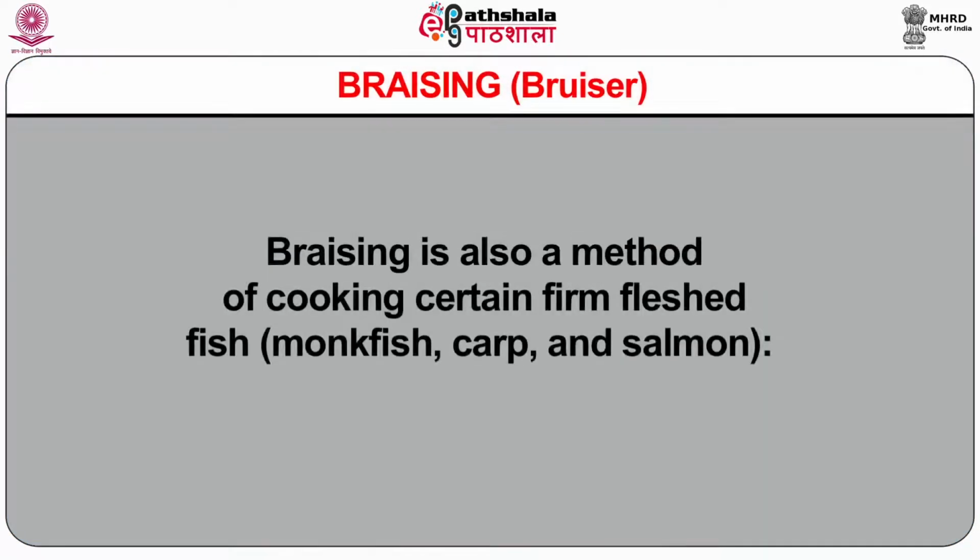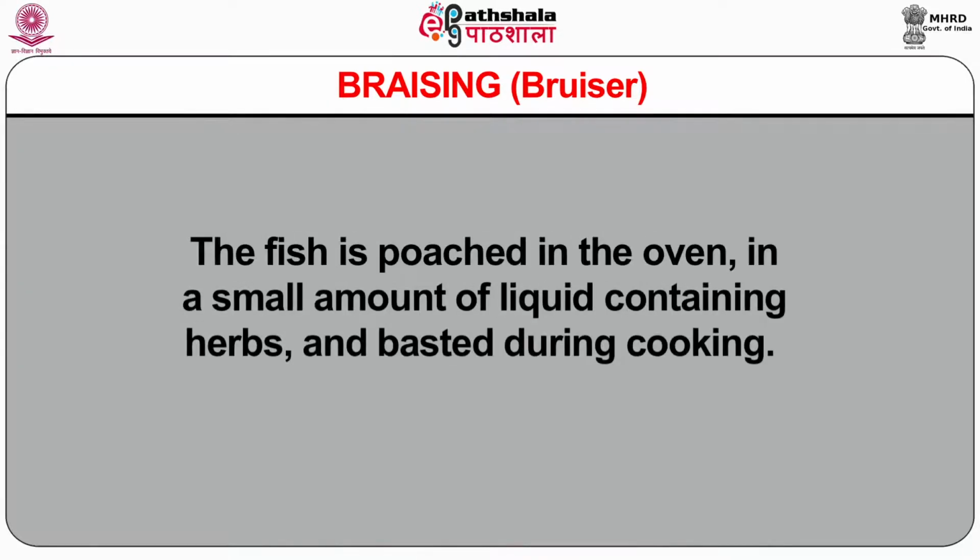Braising is used mostly for tougher cuts of meat, certain vegetables such as cabbage, chicory, endive, artichoke and lettuce, and large poultry. Braising is also a method of cooking certain firm-fleshed fish, monkfish, carp and salmon. The fish is poached in the oven in a small amount of liquid containing herbs and basted during cooking.